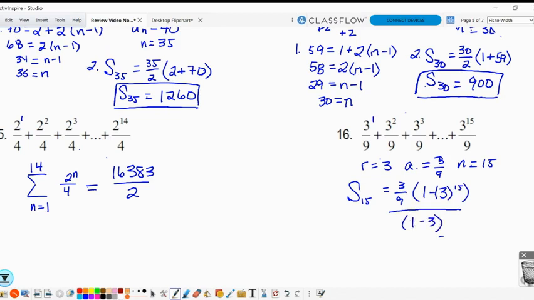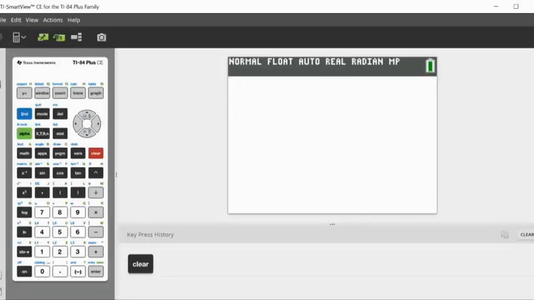And then we can go to the calculator to evaluate that sum of 15. We're now using the calculator to evaluate our sum in number 16. We've written this as a geometric series, geometric sum of 15 terms.